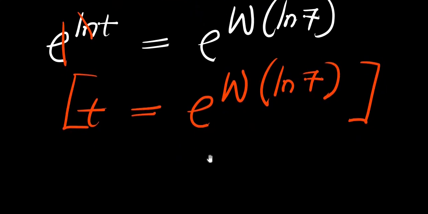Guys, here is the answer, but if you need some values, because we are actually solving for a value of t that will satisfy this equation, this is what you do. You simply type this into your calculator: t equals e to the power of, and instead of the Lambert W function, which you may not see in your calculator, you will see product log.